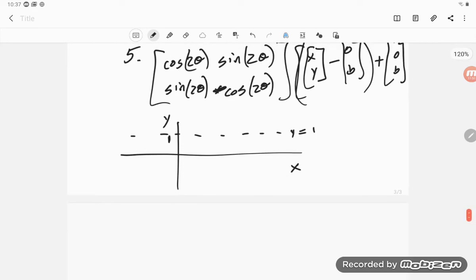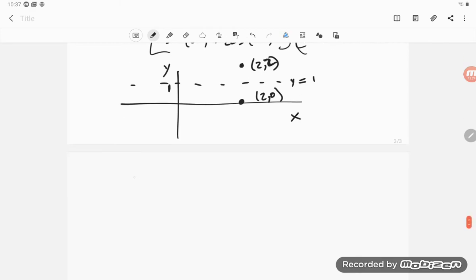And if I start with the point 2, 1, and I reflect that over that line, I should get 2, 0. Oops, wait. I didn't mean 2, 1, I meant 2, 2. When I reflect that over that line, I should get 2, 0. Now this is parallel with the x-axis, so theta equals 0.